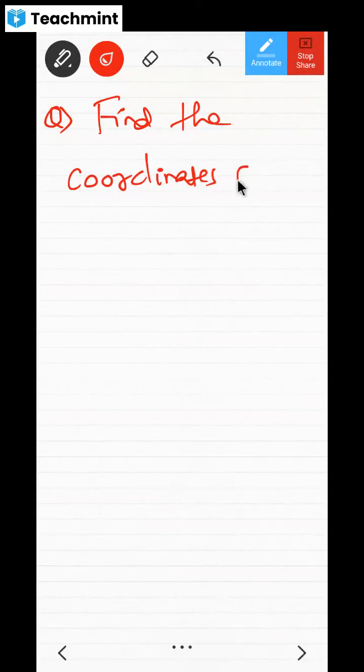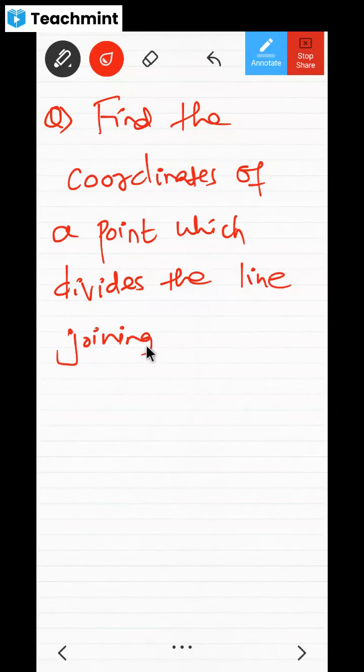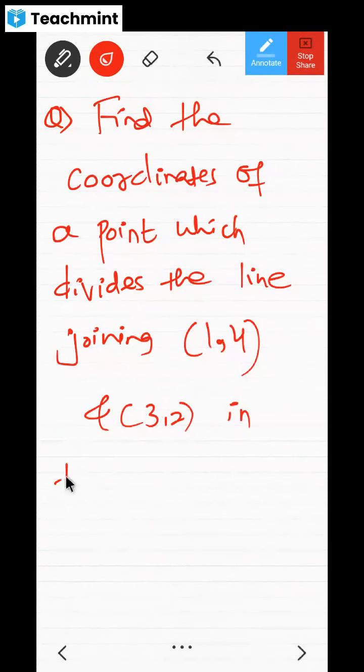Find the coordinates of a point which divides the line joining (1, 4) and (3, 2) in the ratio 1:2.